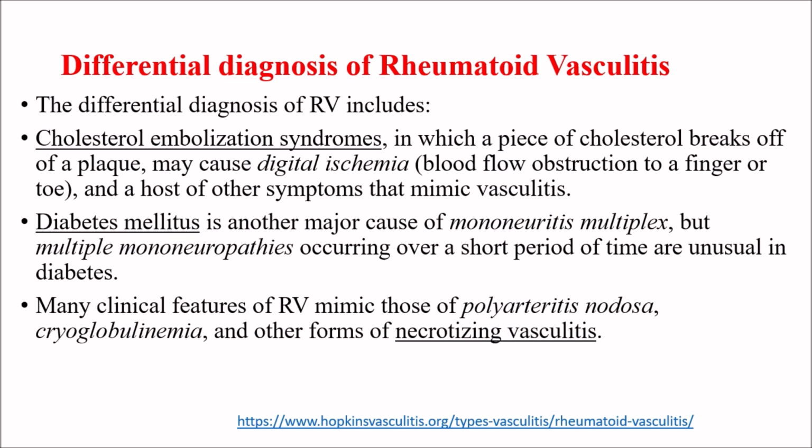Another disease is diabetes mellitus, a cause of mononeuritis multiplex, but multiple mononeuropathies occurring over a short period of time are unusual in diabetes. The many clinical features of rheumatoid vasculitis mimic those of polyarteritis nodosa, cryoglobulinemia, and other forms of necrotizing vasculitis.